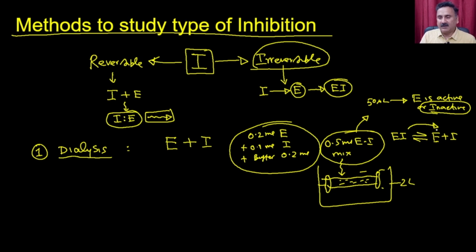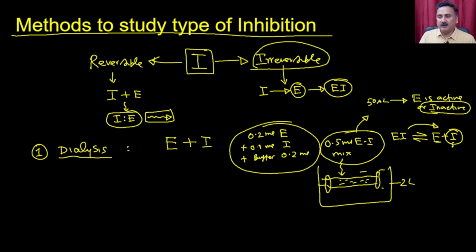The enzyme is going to get dissociated from the inhibitor because the concentration of this complex is lowered, and as a result the inhibitor will be removed from the enzyme.